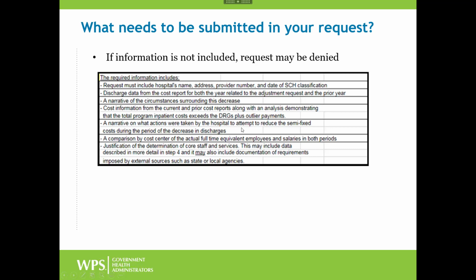And then we're going to take a look at those semi-fixed costs specifically to see the narrative on what actions were taken as an attempt to reduce those semi-fixed costs. We'll need to see that narrative. And these last two items were only pre-2017, so they're no longer required, that comparison of the employees and salaries.